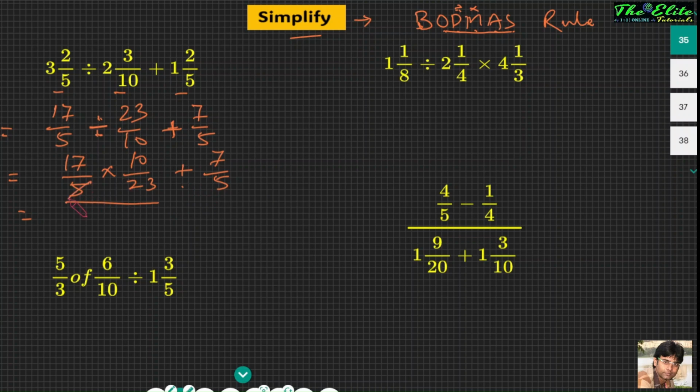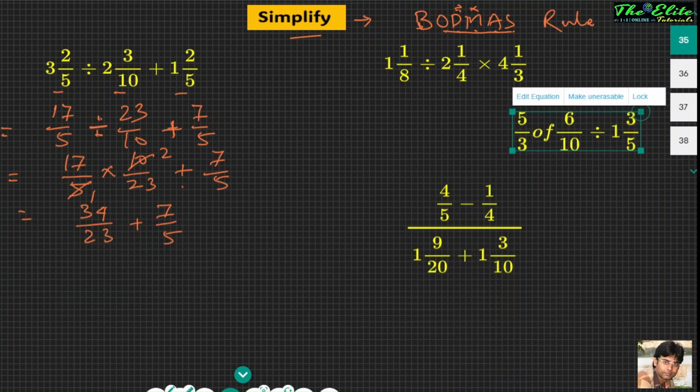Now do this. 5 times 1, 5 times 2, 17 and 23 or 2 have no common factor. So what we can do is multiply these two numerators. That will give us 34 and this will give us 23, and then this is going to be 7 over 5. I will keep this somewhere else, maybe here.